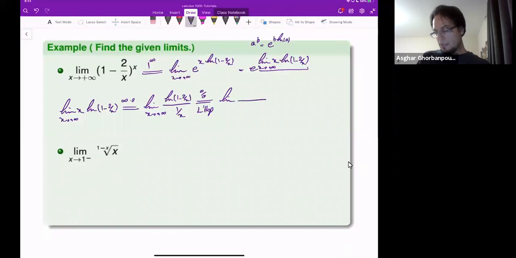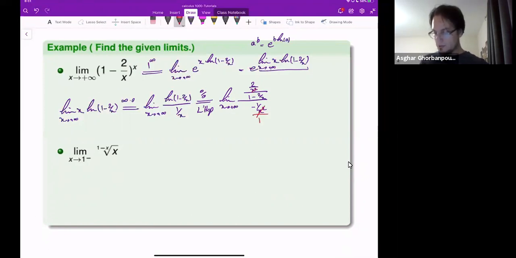Limit of the derivative of ln of u is u prime over u. Here, 2 over x squared over u. And the derivative of 1 over x is negative 1 over x squared. We can cancel this guy with that.